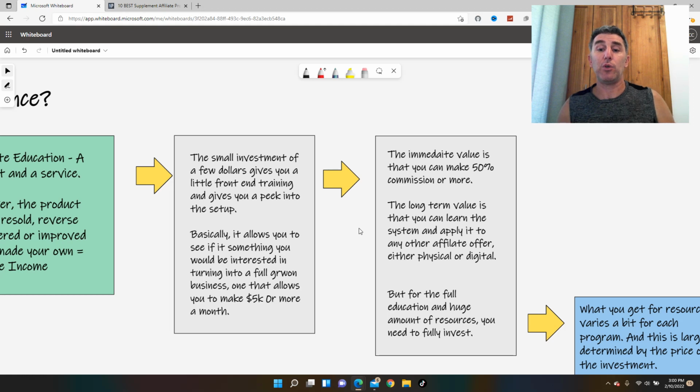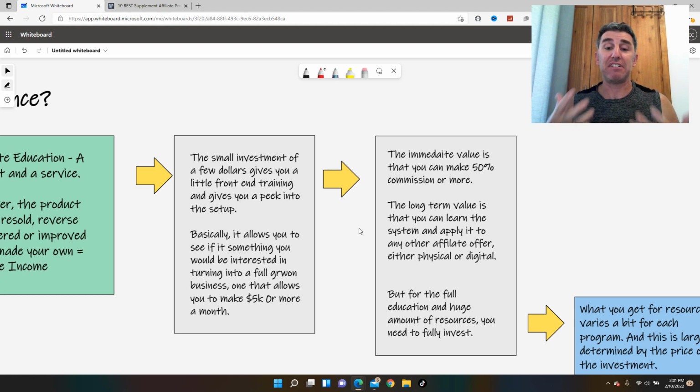The immediate value you can make off your commission is 50% or more, even off the $7 or the low ticket price. But with the high ticket, you have long-term value. You can now reverse engineer the entire program and make it your own down the road if you want to. And you have the ability to promote other offers and be comfortable knowing it's about the same and they all do pretty much the same thing.